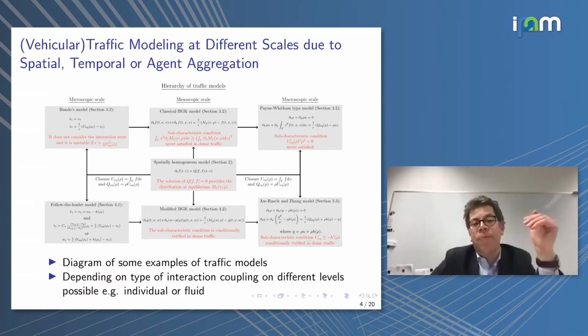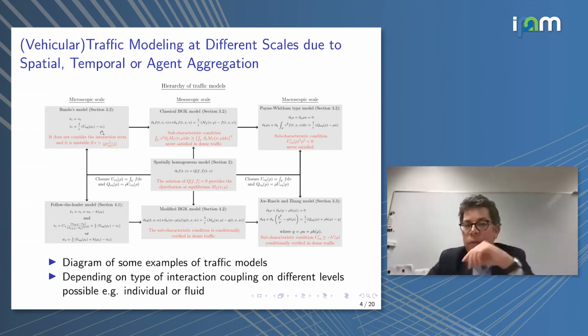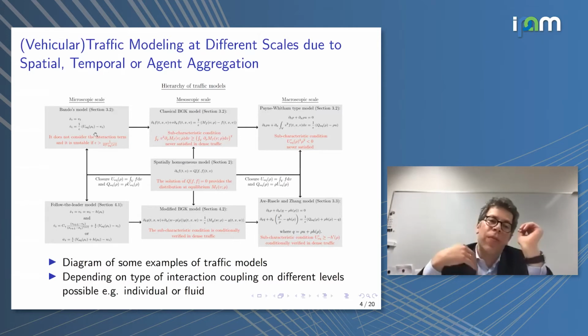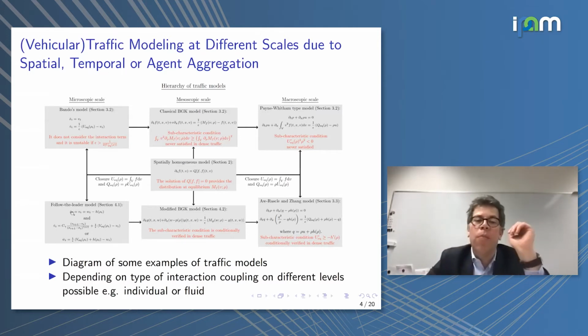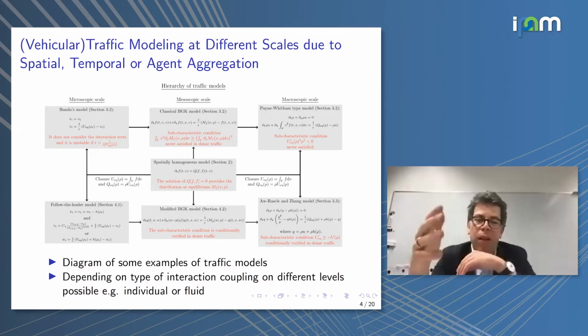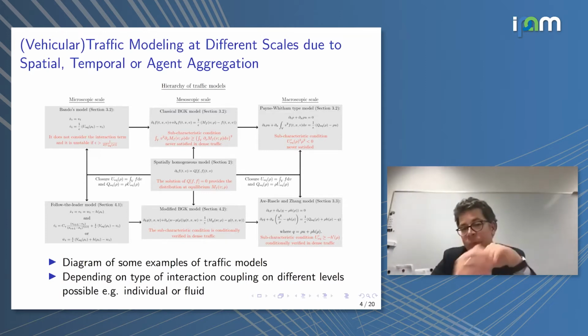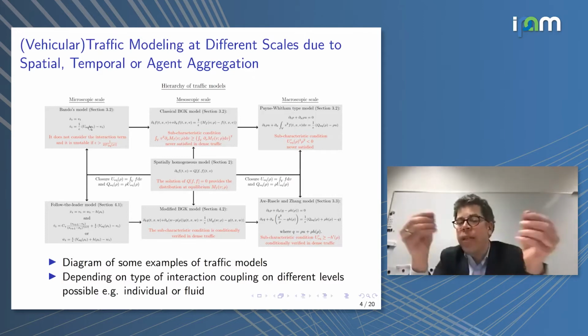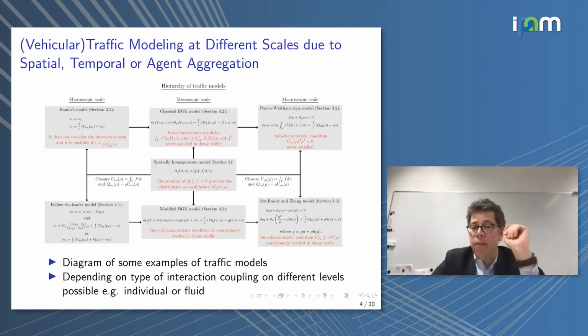There are several models available, which I don't want to go into detail, but there are simple models which just do velocity relaxation, and more prominent models like, for example, the follow-the-leader model for vehicular traffic flow, where you have an anticipation term of the velocity of the car in front of you.